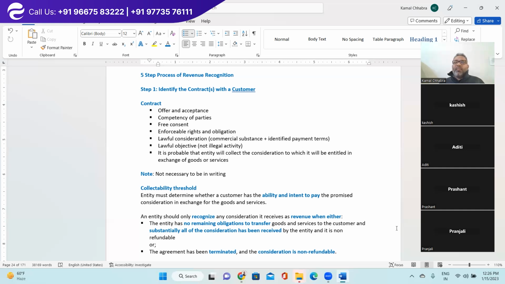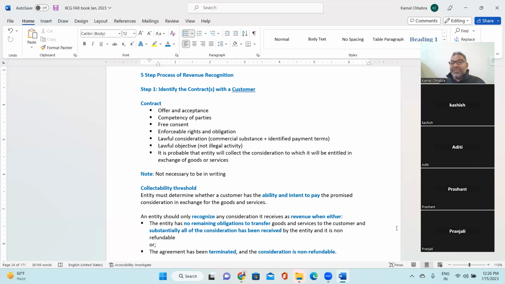So now, who will be recognizing the revenue, Prashant or Kamal? Prashant. I know you, but I wanted to understand from others. Pranjali, Aditi, Kashish, who will be recognizing the revenue? Prashant.